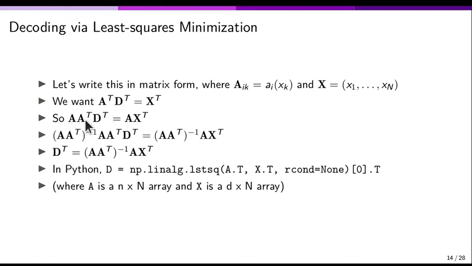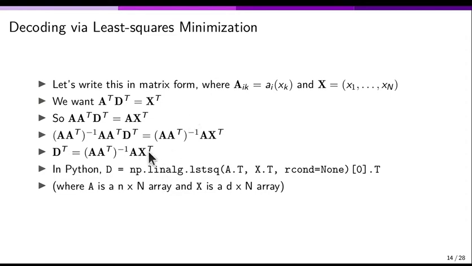But that AA transpose should have an inverse. So we compute its inverse, and again multiply both sides by it. We get the inverse of AA transpose times AA transpose, that should cancel out. That's the whole point of an inverse. And so we're going to have this decoder, which is going to be AA transpose inverse times AX transpose.